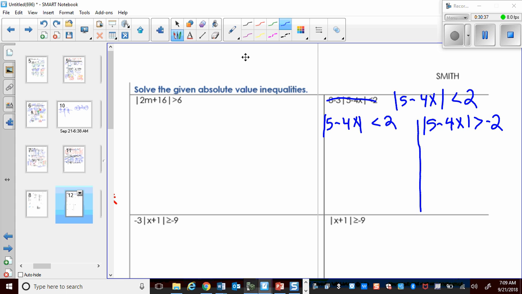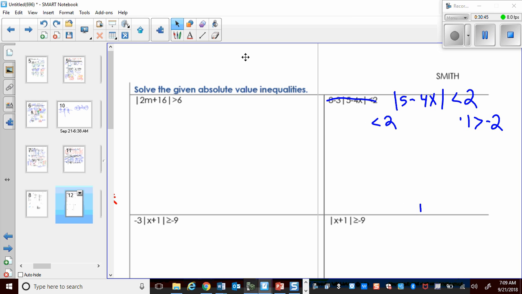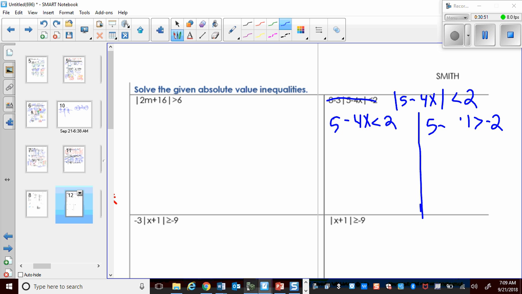Now, one of the things I did wrong was I retained my absolute value bars. So I have 5 minus 4x on the left, and then 5 minus 4x on the right. Now, solving for the x term, I'm going to subtract 5 on both sides. Negative 4x comes down, less than comes down, negative 3 comes down.